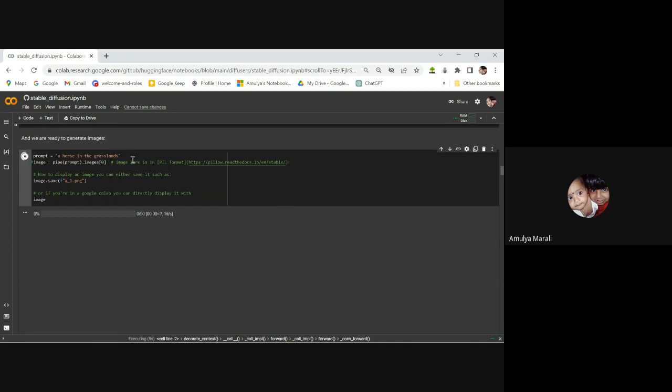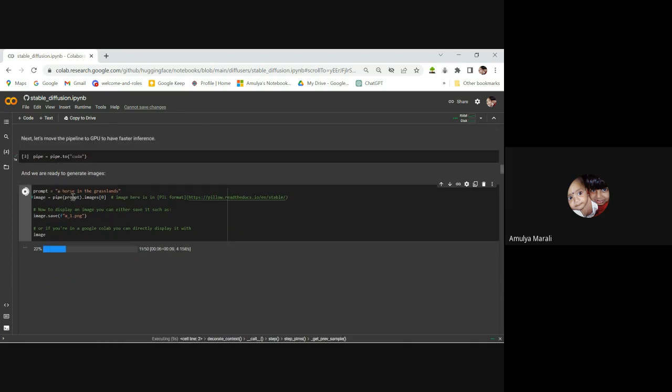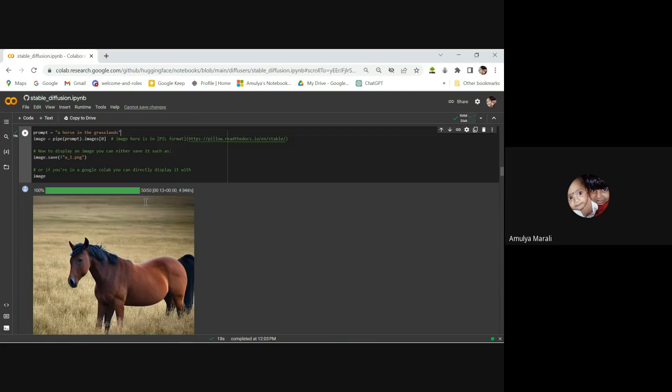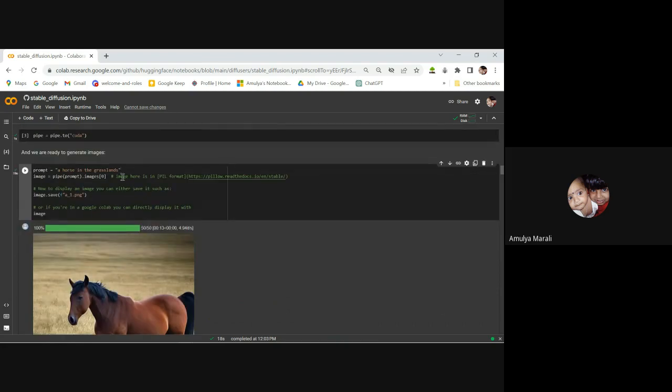So prompt is again what we are passing, and image. So the pipeline, you're passing a prompt to the pipe, the model that you've created, and image index 0 is basically telling that you're generating just one image. So in order to generate multiple images, you can actually do this, or sorry, 3 or 4.